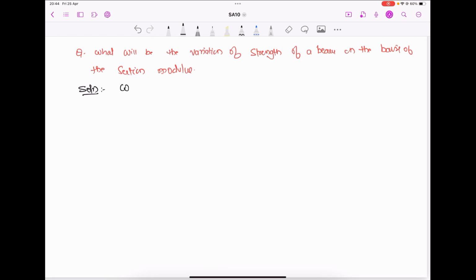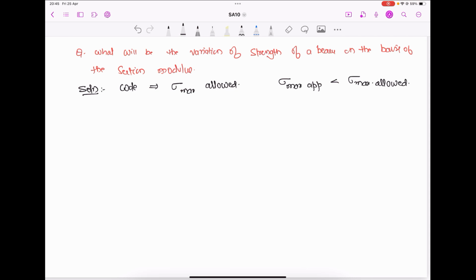What does the code say? The code says sigma maximum applied should be less than sigma maximum allowed. This is the requirement of the code, and the usual factors of safety are applied. I am not talking about the factors of safety now. Just try to understand the concept.